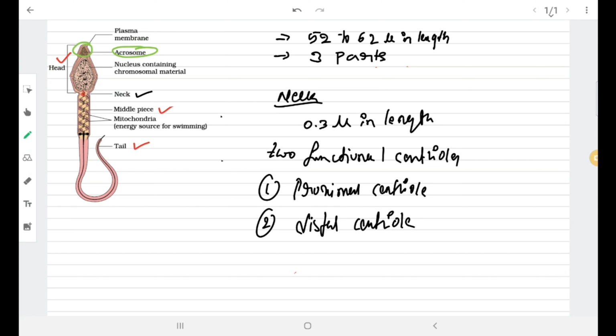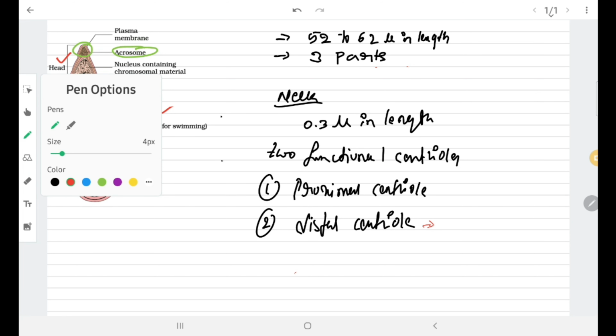From this distal centriole there will be a very important fiber known as the axoneme, or axial fiber, or axial filament.